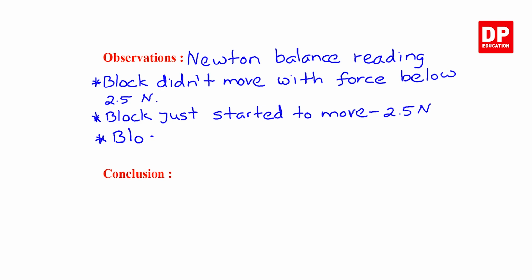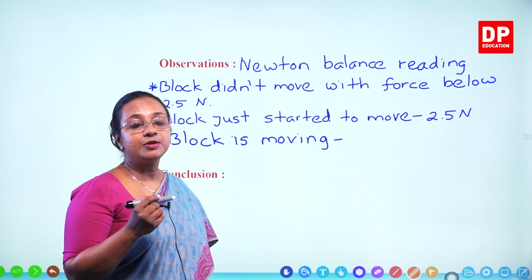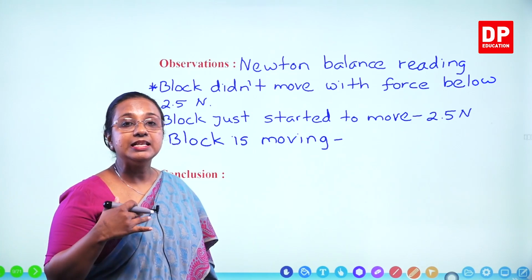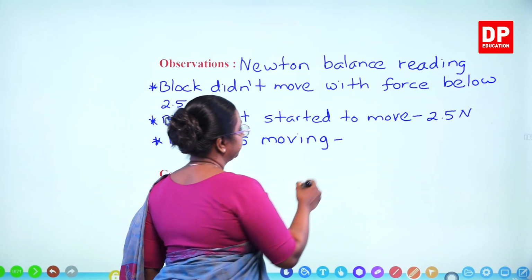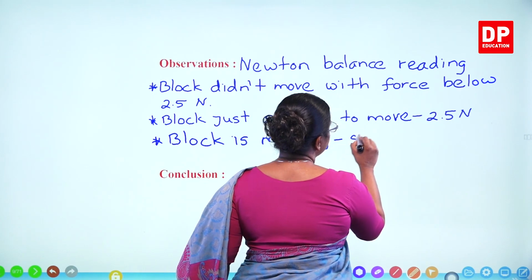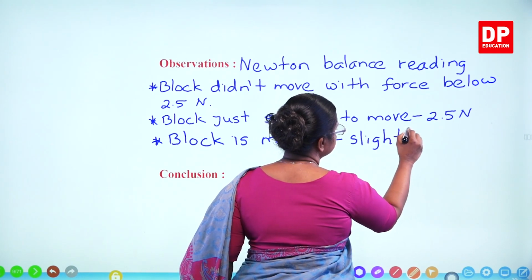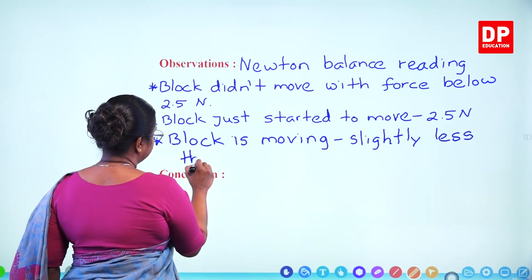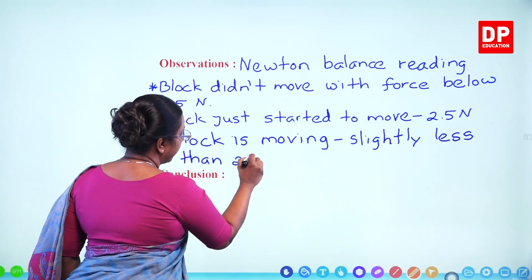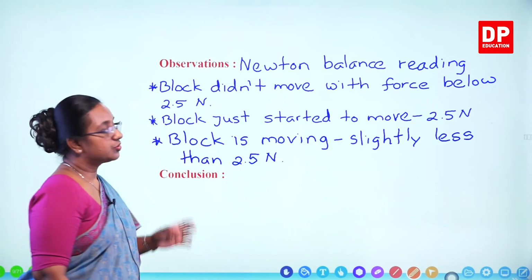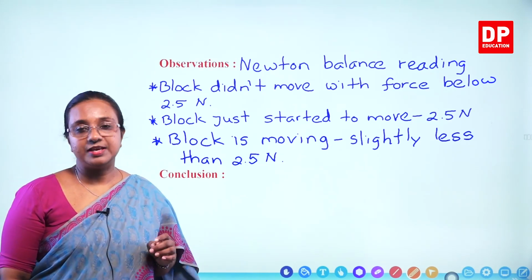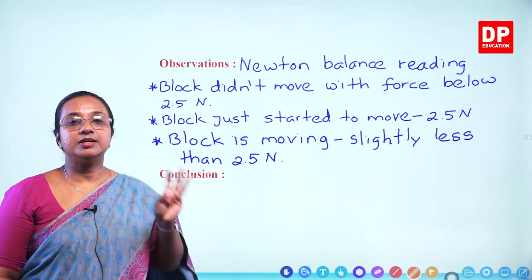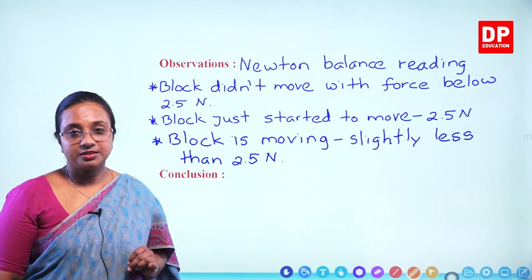When the block is moving, you observe that the Newton balance reading was slightly less than 2.5 Newton. So these are the 3 observations, and they correspond to the 3 types of friction.